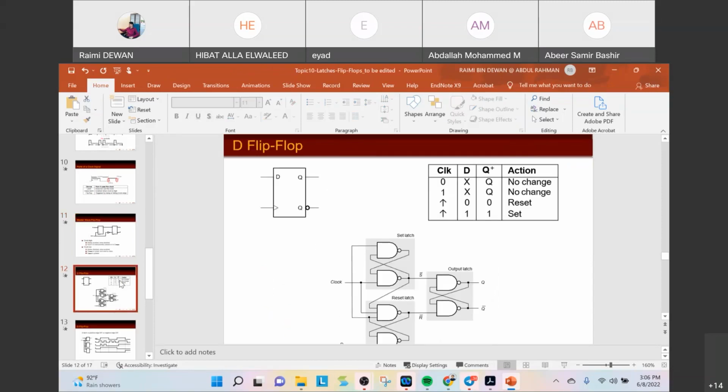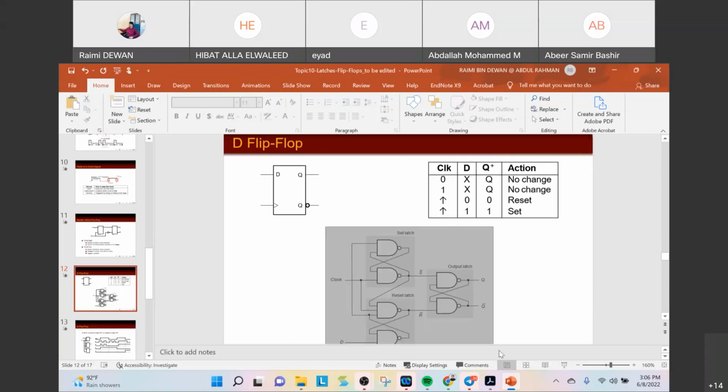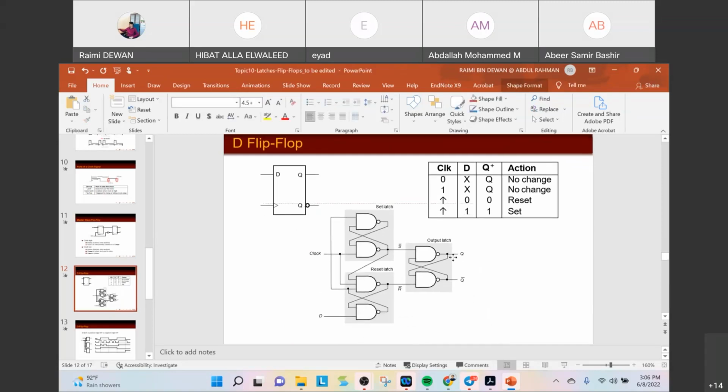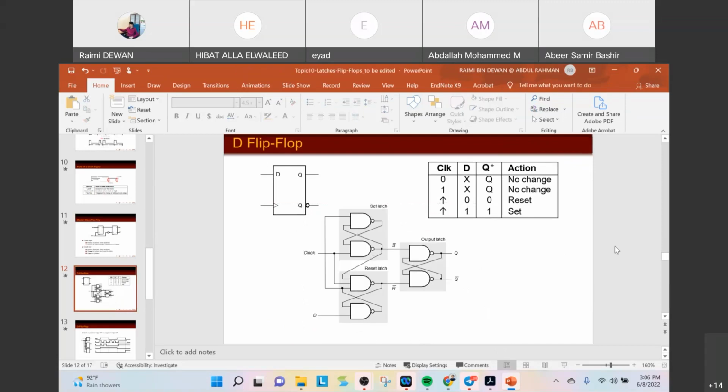Next is the D flip-flop. When you have the words D flip-flop, if you refer to page 140... sorry. Okay, so if you see here, this is a flip-flop. Now I want to know, is this positive edge trigger or negative edge trigger? This one, is this positive edge trigger or negative edge trigger flip-flop? Can you respond?